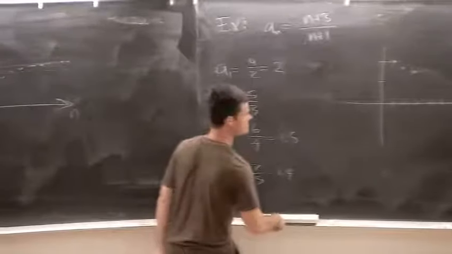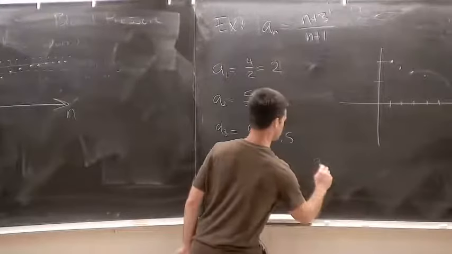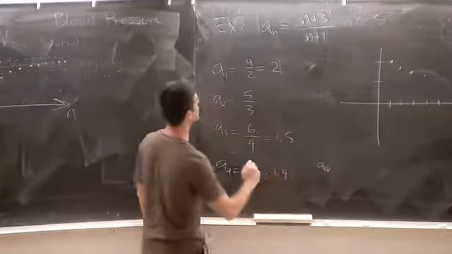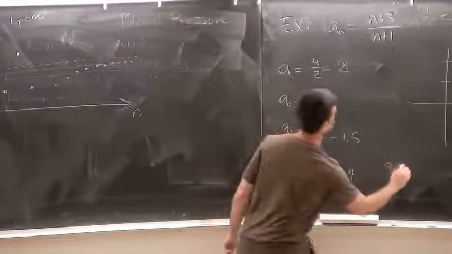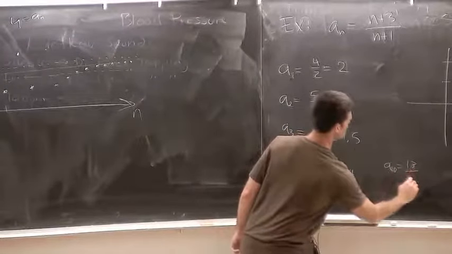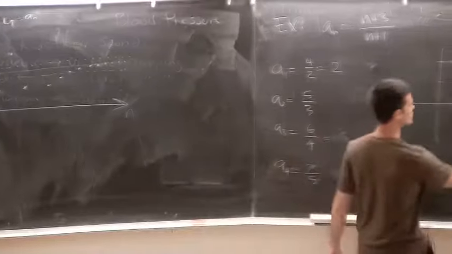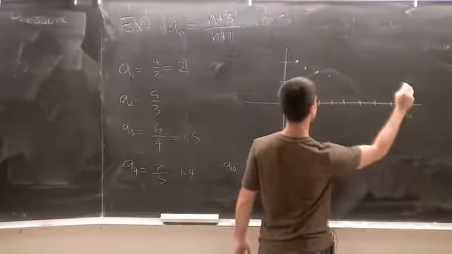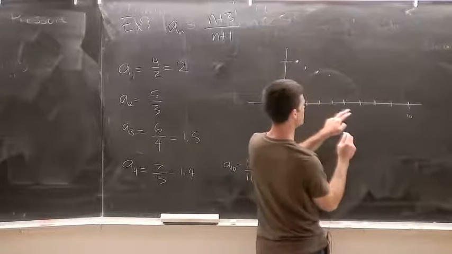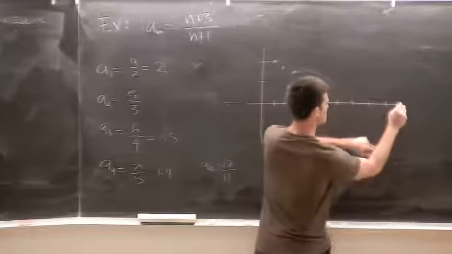Let me just, how about, what's A10? That's 13 over 11, which is like 1.2 or something. 2, 3, 4, 5, 6, 7, 8, 9.